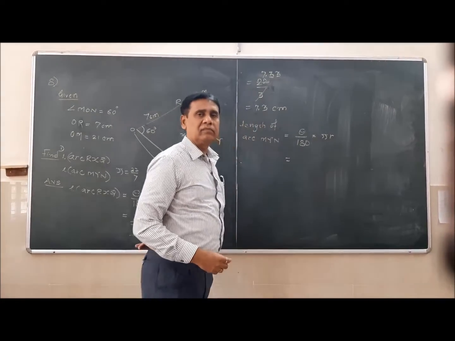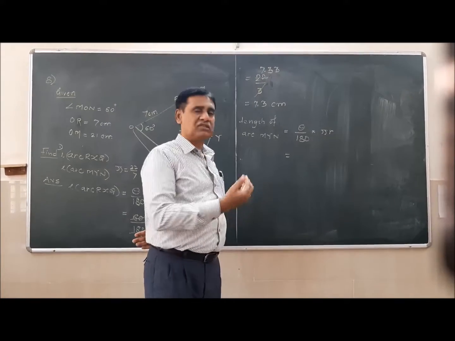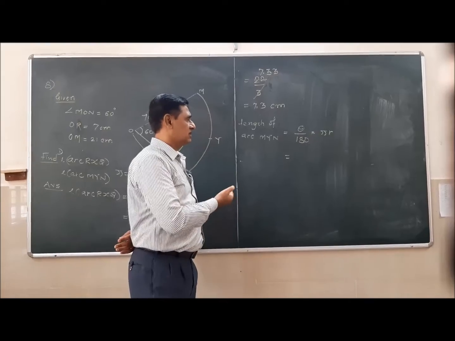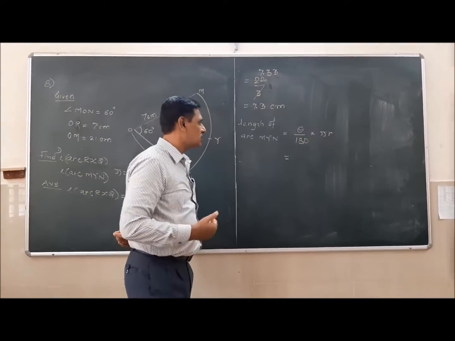Most of the time many people use the formula theta upon 360 into 2 pi r. It is one and the same. If you divide 360 by 2, you get 180. Therefore, theta upon 180 into pi r.